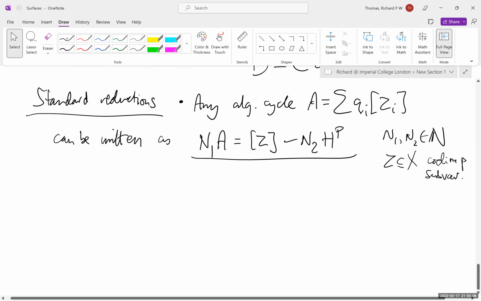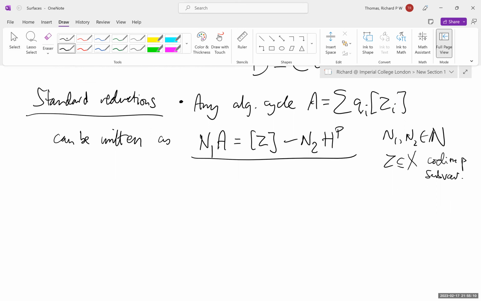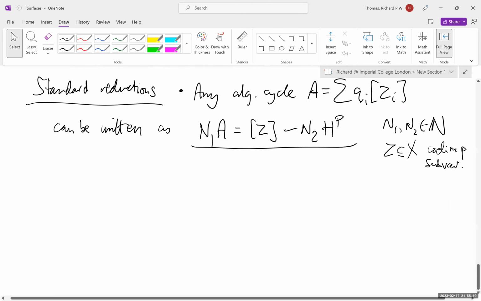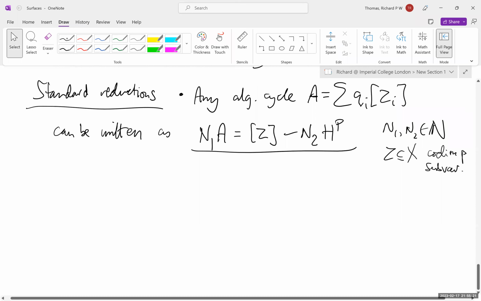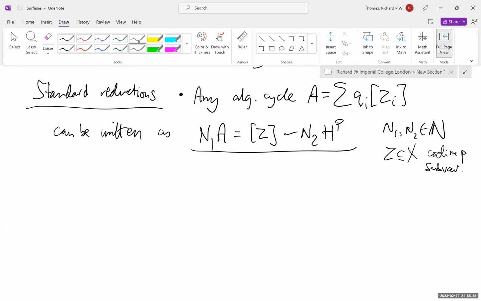We can just say, once you add enough copies of the appropriate power of the hyperplane class, then you can assume you've really got an effective algebraic cycle. Another reduction is that you can choose this Z to be smooth when its dimension is less than or equal to half the dimension of X. But I'll come back to that in a minute.